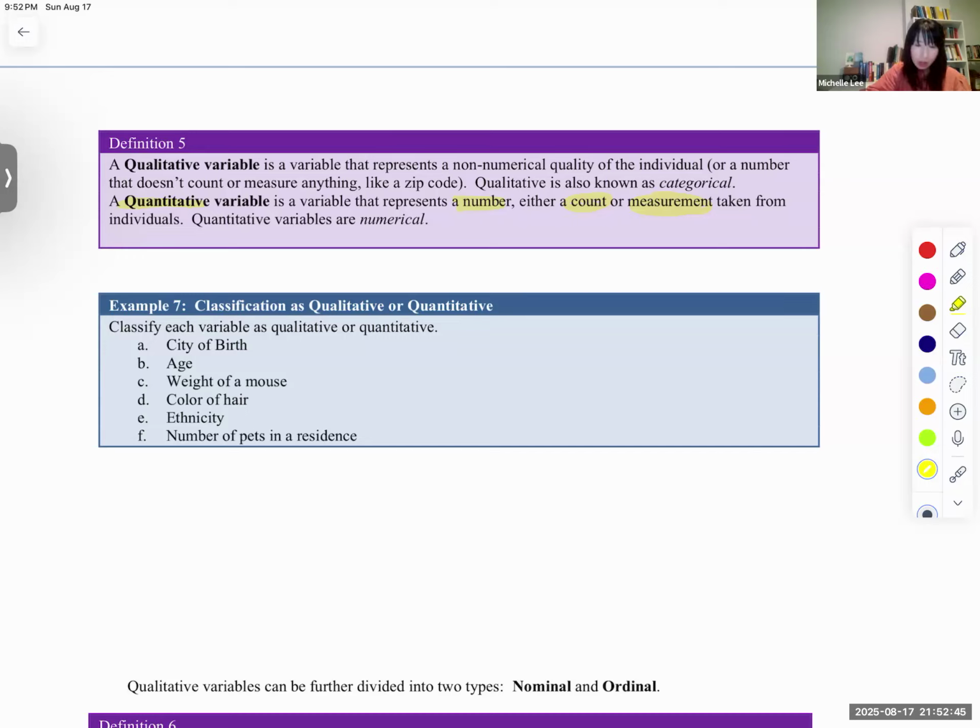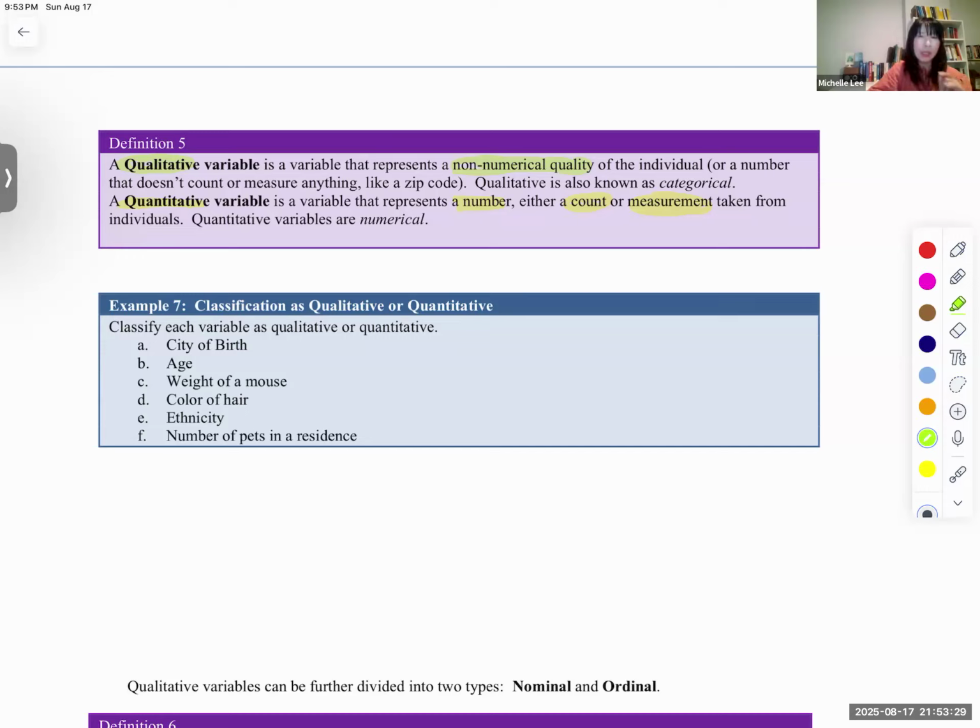So a quantitative variable is also a numerical variable. Now a qualitative variable represents a non-numerical quality of an individual. Sometimes we can use a number too, but that number is not countable and not a measurement, right? Like a zip code. Make sense to you? This is a little bit confusing. So qualitative is non-numerical quality, but sometimes we can have a number in the variable.